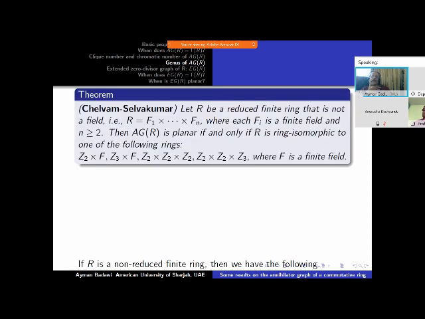Also, they prove that if R is a reduced finite ring that is not a field, and R is a product of finite fields, then the annihilatory graph is planar if and only if R is isomorphic to these rings. A complete description of the rings.